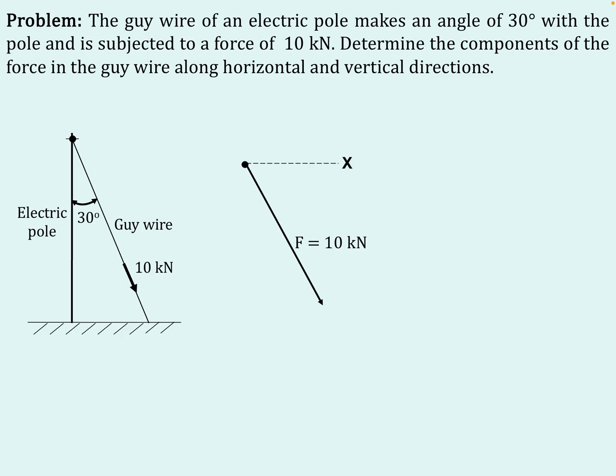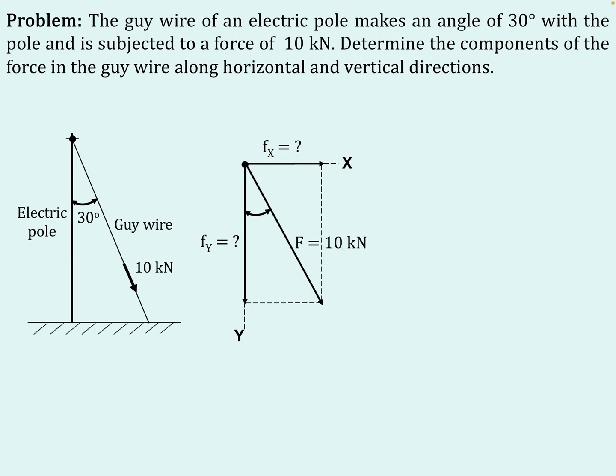Through the point of application, draw an x-axis and y-axis, and now get two sets of right angle triangles. Consider any one and get your x component, y component. So this is our x component, and this is our y component, which we are supposed to calculate. We know the hypotenuse, which is 10 kilonewtons, the given force.